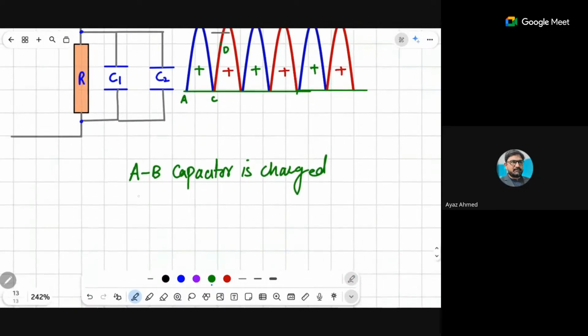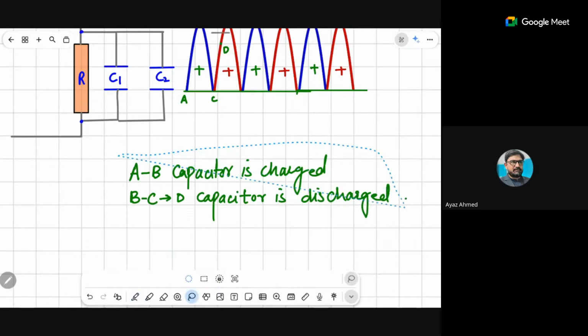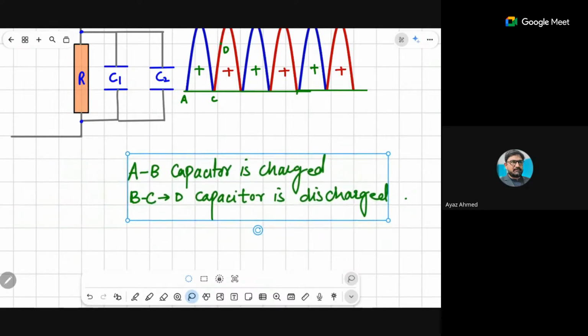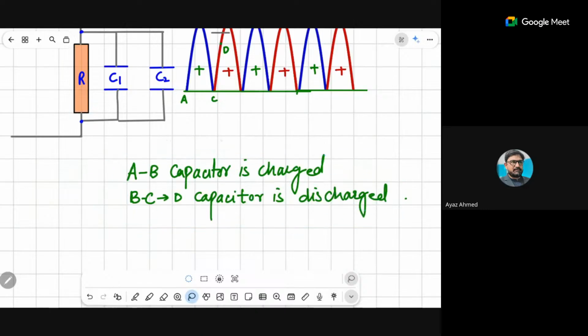From B to C, and then C to D, the capacitor is discharged. Now, if you have studied the capacitor action, I told you that there will be a great discussion about capacitors right here in this topic. So please be careful about all this.